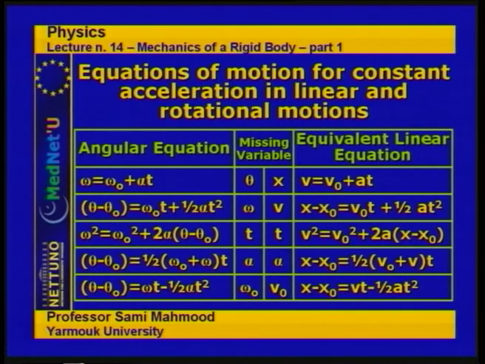And finally, eliminating t, we obtain the equation which does not contain t, which is omega squared is equal to omega naught squared plus 2 alpha times delta theta. That way, we can get the 5 equations of motion that we can use to solve any problem, and these are very similar to the case of the one-dimensional translational motion.